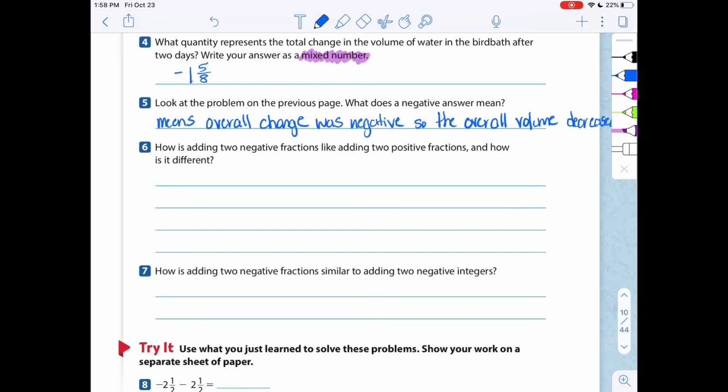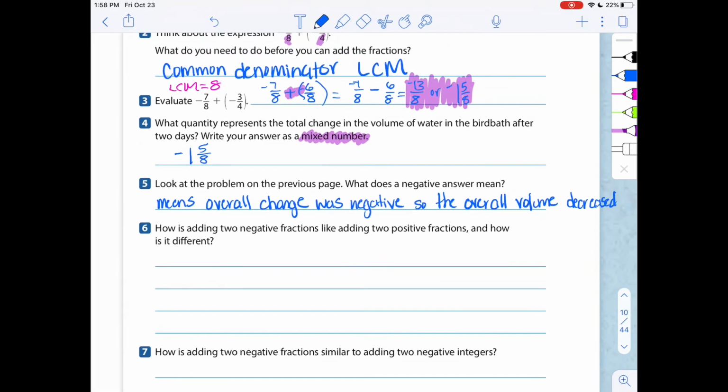So depending on how you treat a subtraction problem, if you're rewriting it like I suggested above, here in purple, then adding the negatives is going to be a little bit different because you might end up subtracting. So you're going to be moving different directions on the number line.